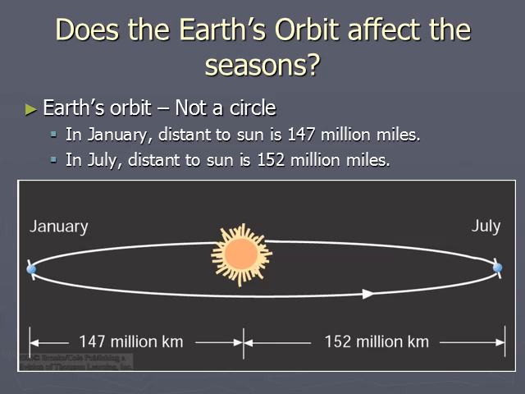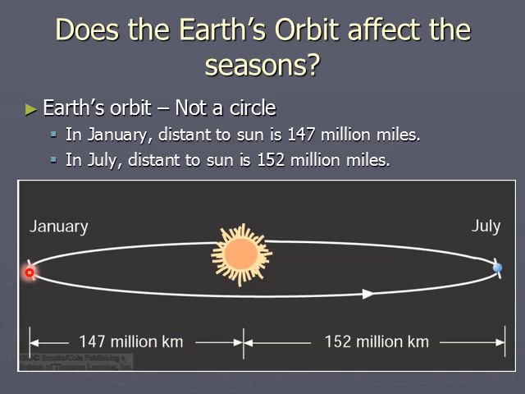Okay, so normally students have two answers to this, and let's talk about the effects of the Earth's orbit. The Earth orbits here. It's not a circle; it's actually an ellipse. It's a really close circle, but not a circle.